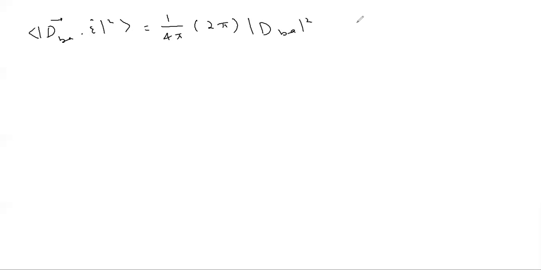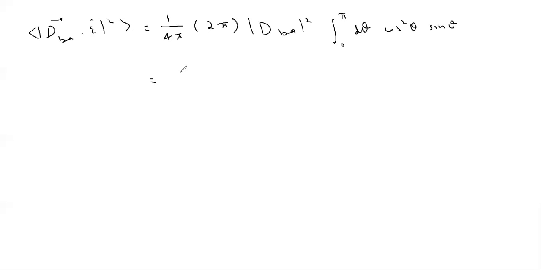Okay, so by solving this integration, I get d_ba squared, 1 over 4 pi, and integrating over phi from 0 to 2 pi I get 2 pi, keeping this constant out of the integral. By integrating over theta, I just retain the term d theta cos squared theta sin theta.